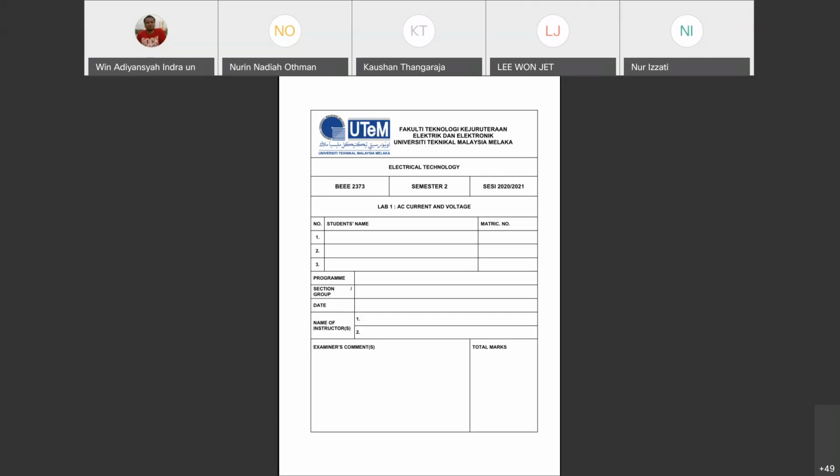Remember, 3 or 4 people maximum. But in the form page there are only 3 slots, so just add one more column. It's easy, right?